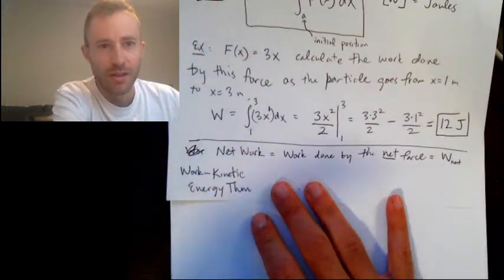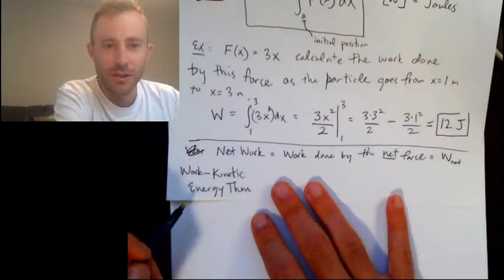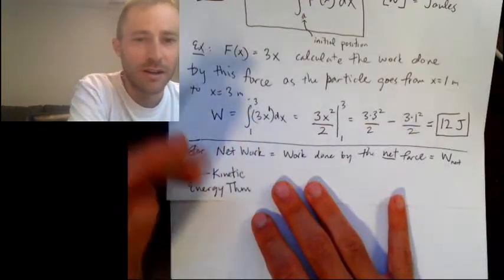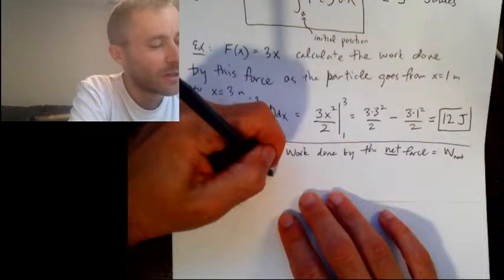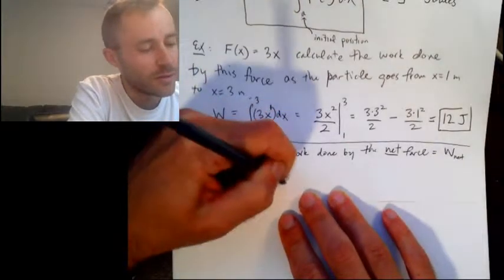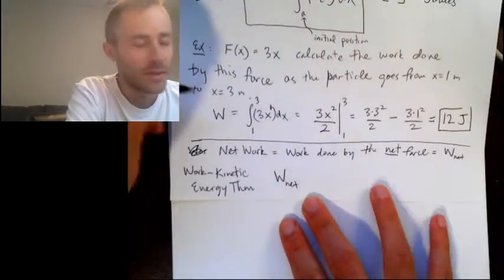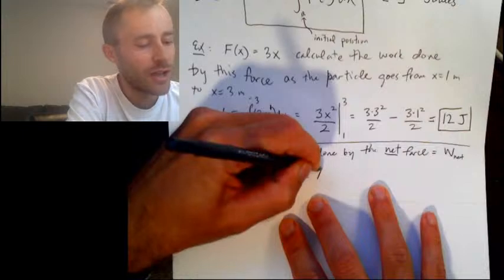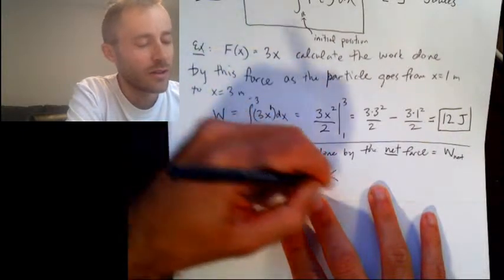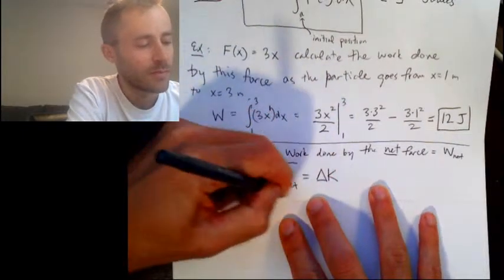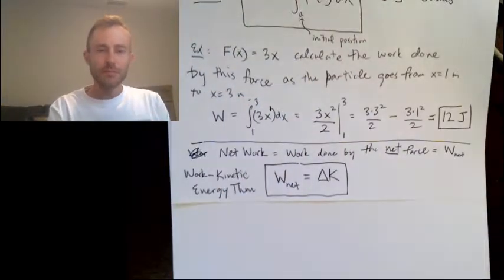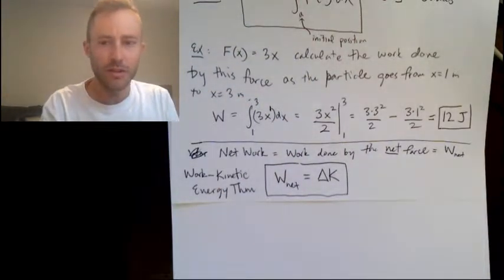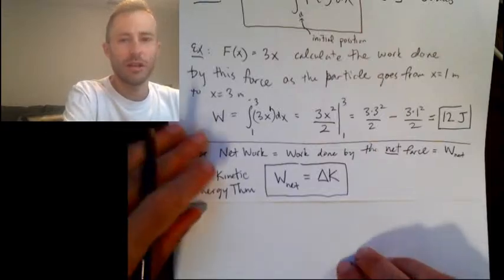What it says is that the work done by the net force is equal to the change in kinetic energy of the object. So the net work is equal to the change in kinetic energy.